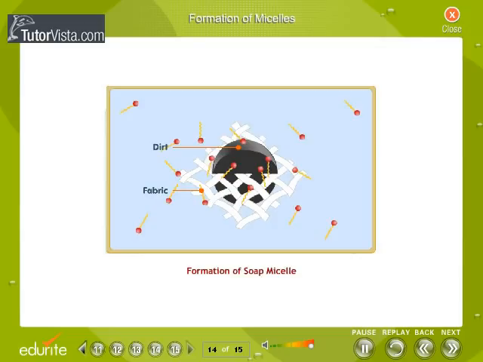The hydrocarbon chains are attracted to each other by dispersion forces and cluster together, forming structures called micelles. In these micelles, the carboxylate groups form a negatively charged spherical surface with the hydrocarbon chains inside the sphere. Because they are negatively charged, soap micelles repel each other and remain dispersed in water.